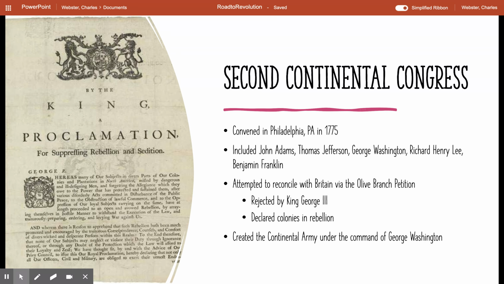So the Second Continental Congress created the Continental Army under the command of General George Washington, remember? And he had military experience from the French and Indian War. And so, yeah, here's the rejection though. It basically says they're going to suppress the rebellion and the seditious actions by the colonists. So you can't really reconcile with somebody like that. And it seems like they were ready for war. They had George Washington ready to go.